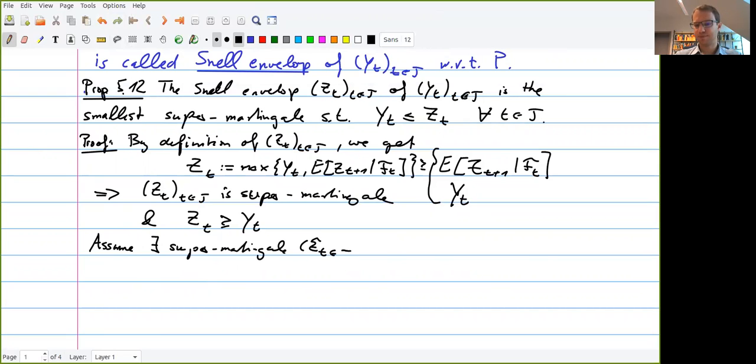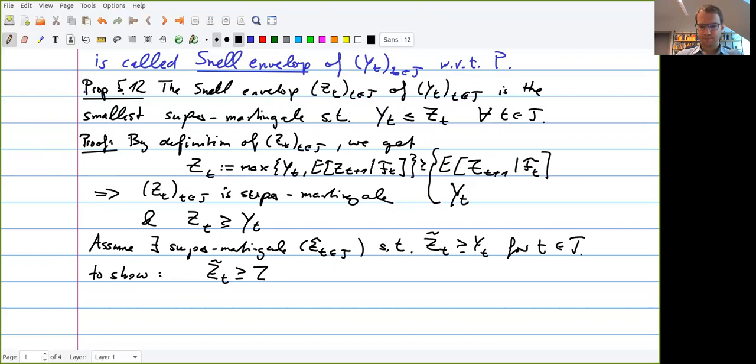So it's also a supermartingale dominating the given process y at time t. And what we want to show is that this new supermartingale z tilde is always bigger than the Snell envelope z.